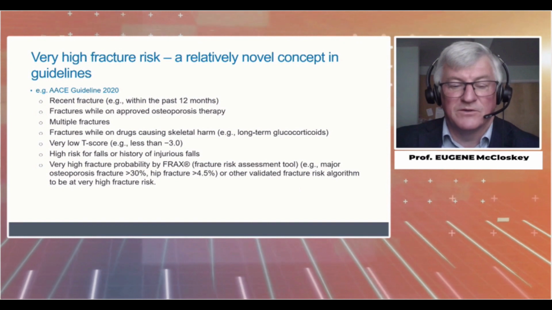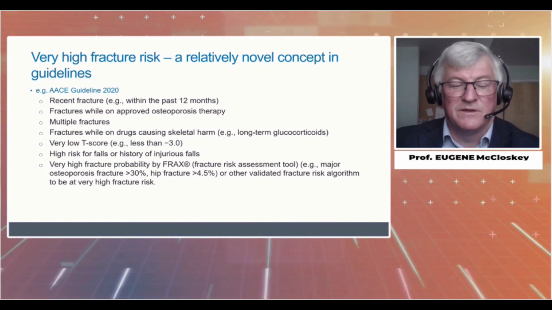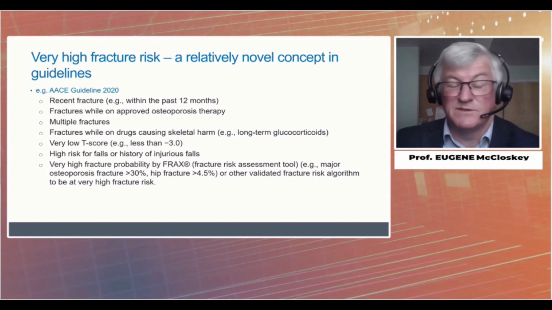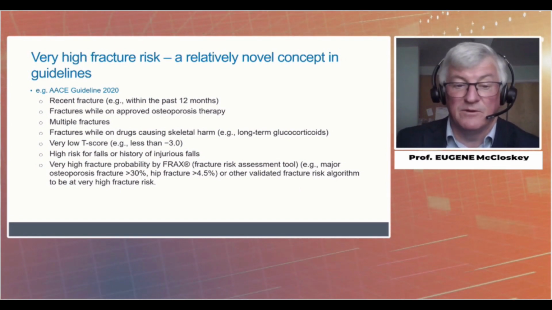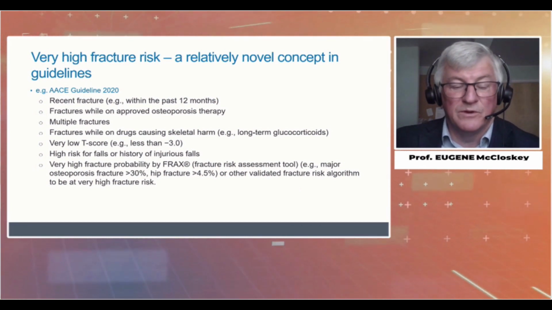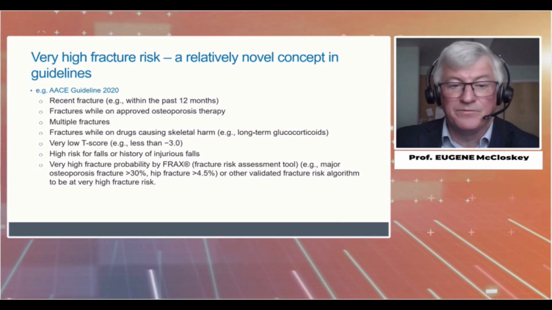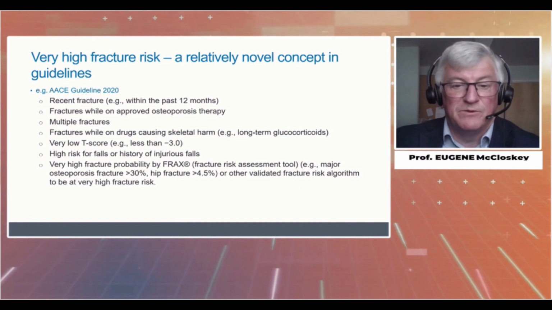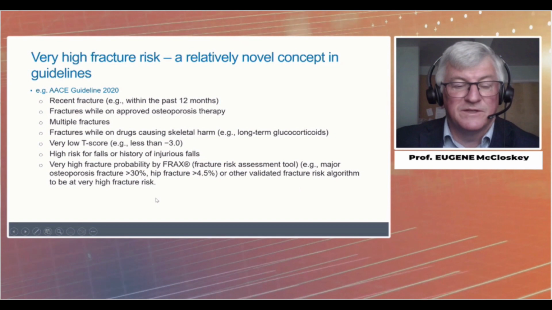So recent fracture could mean very high risk. Fractures that occur while on approved osteoporosis therapy, of course, that might result from lots of things, and if it's oral bisphosphonates, frequently results perhaps from poor adherence to treatment medication. But they recognize that fractures which occur during treatment could indicate very high fracture risk.